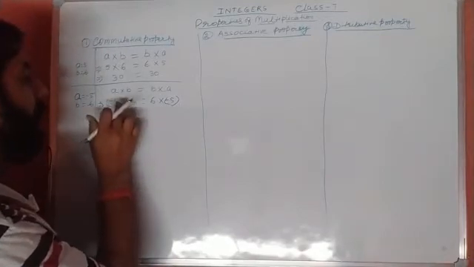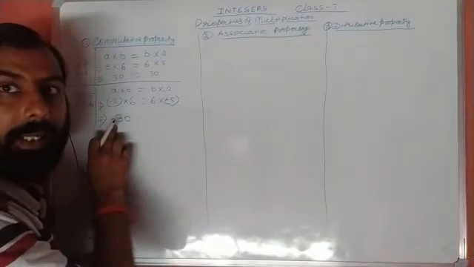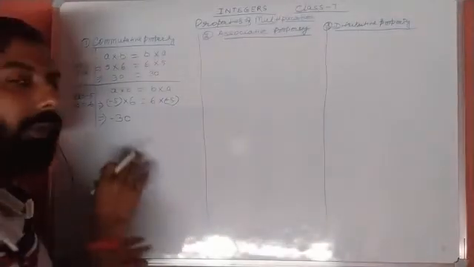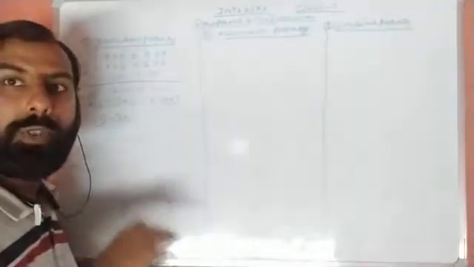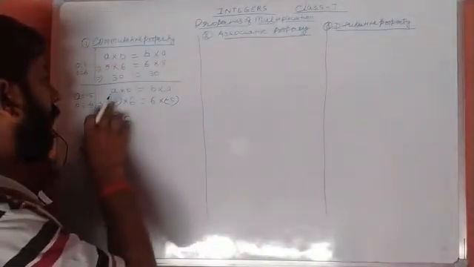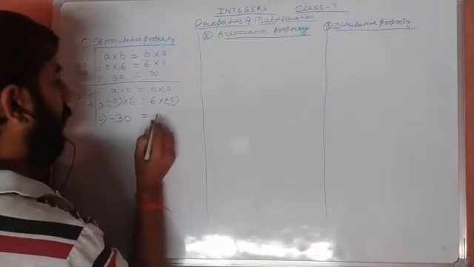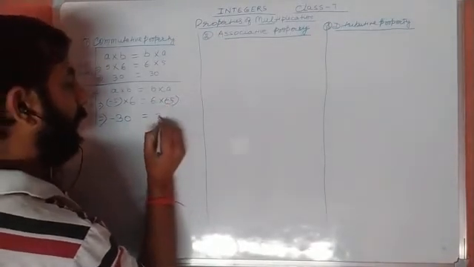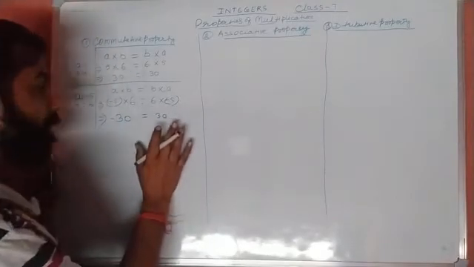Here it is minus 5 into plus 6, so the answer will be minus. Here you have no need to look at which is greater or smaller. Here minus plus minus. 6 5s are 30, here also minus.